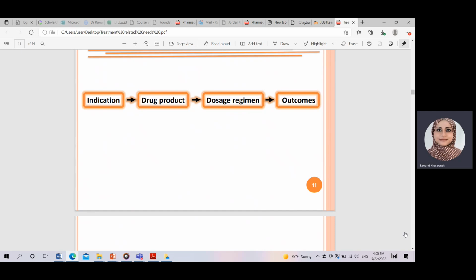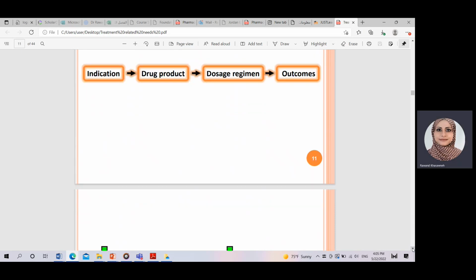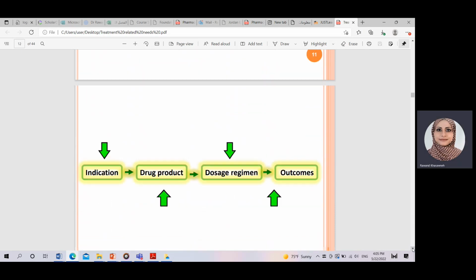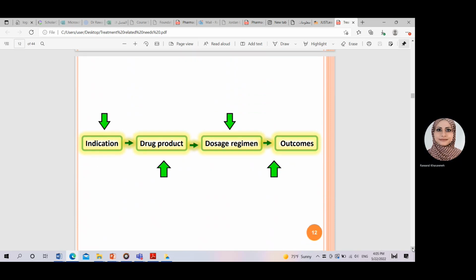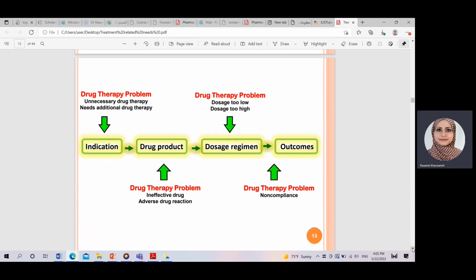Drug therapy problems can occur at several places in the drug use process. So it can happen at the level of the indication, and those also are referred to as DTPs. So DTPs can occur at the level of the indication.